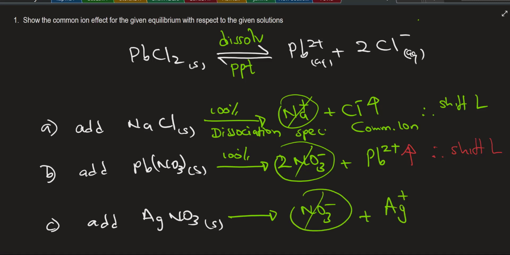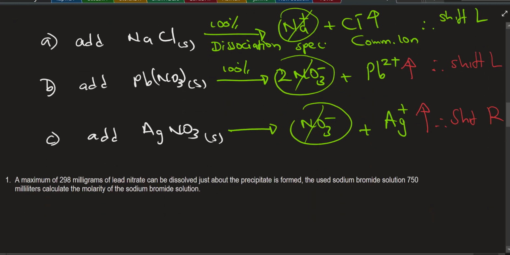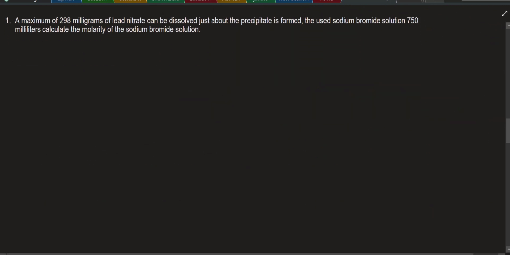Silver plus is not part of anything here, but the silver will actually consume some chloride, right, because silver chloride also precipitates. Like I mentioned, that is important. If you make some solids, silver chloride will precipitate, take out some of the chloride, and it's a different equilibrium, but it will definitely consume some of the chloride of our previous equilibrium. That will make it shift to the right, because any losing of ions will shift to the right. So that's how you make your cheat sheet, right?